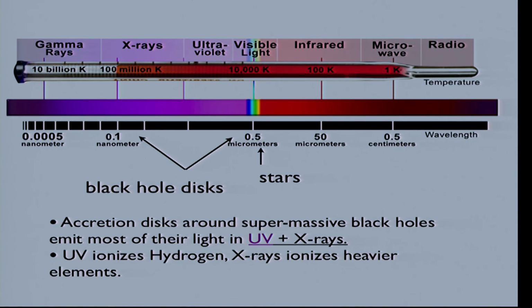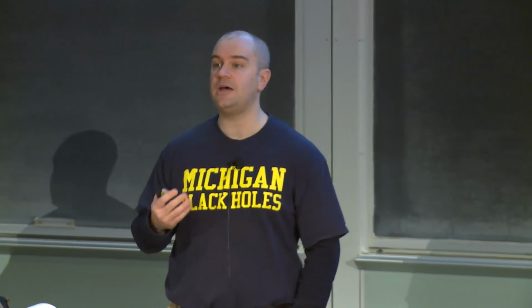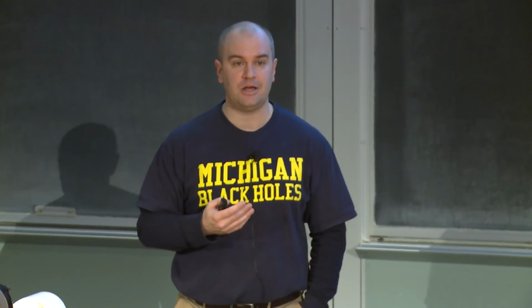It's primarily yellow. A black hole disk like that in our Milky Way, 6 to 7 orders of magnitude more massive than our sun, glows primarily in UV. And the reason that's important is that optical light can't break apart or ionize hydrogen, but ultraviolet light can.